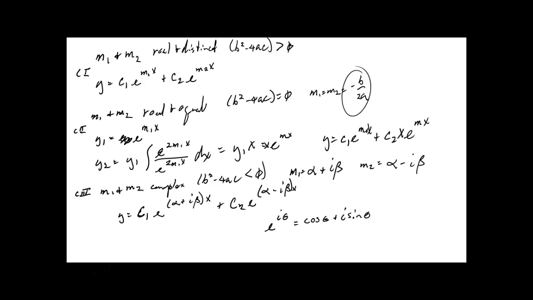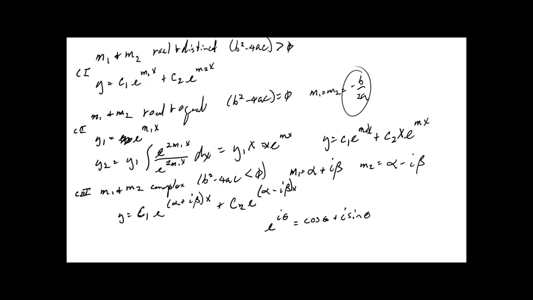If you have the same base, sum of exponents, you can write that as a product. e to the alpha times e to the i beta. And this would become e to the alpha times e to the minus i beta. So here you have your e to the i theta, or beta, okay?